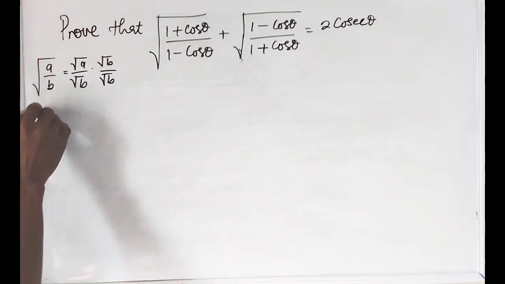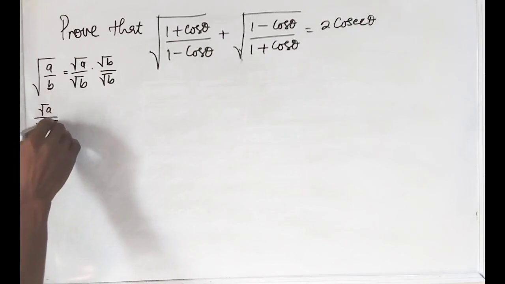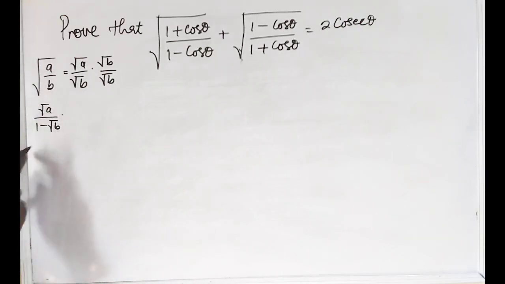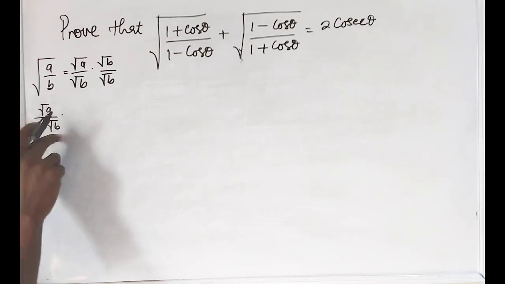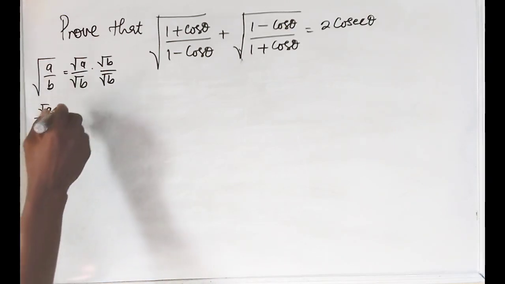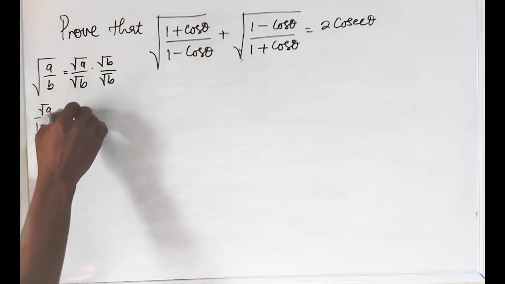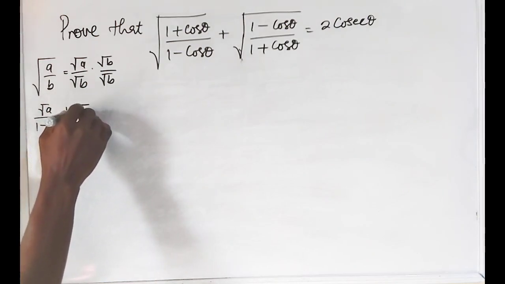Now a case whereby you have the root of a over 1 minus the root of b. In this case we are also going to rationalize, but here we multiply both the numerator and the denominator by the conjugate of the denominator.